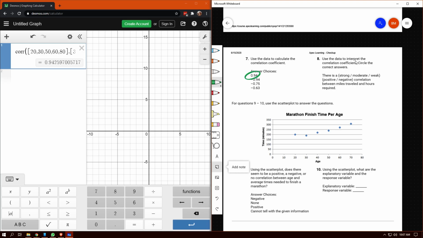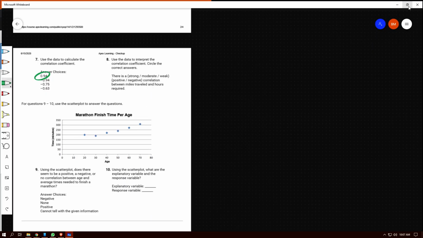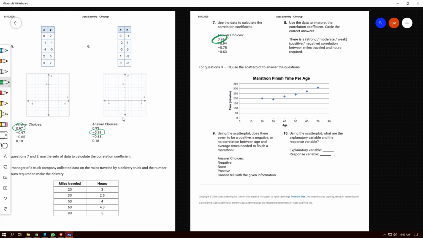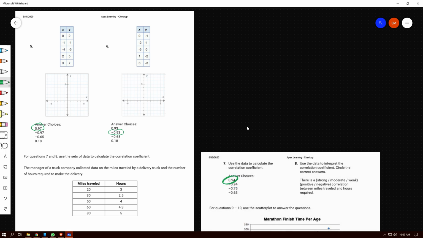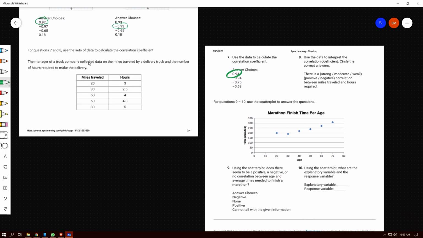Excellent. Use the data to interpret the correlation coefficient. Circle the answer. Okay, so there is a strong, right? So it's close to 1, so it's strong. It's a positive correlation between miles traveled and hours required.